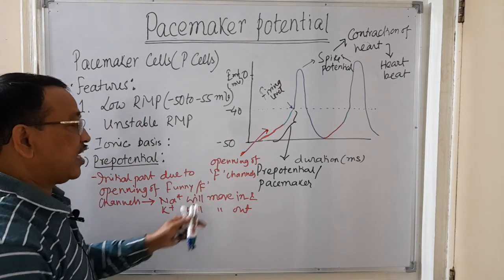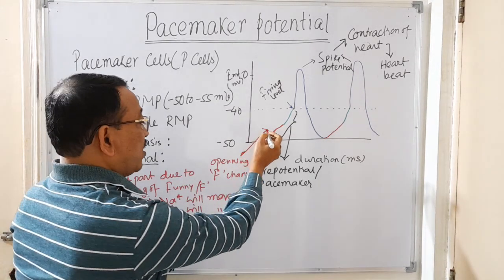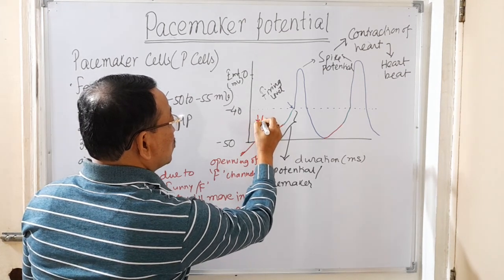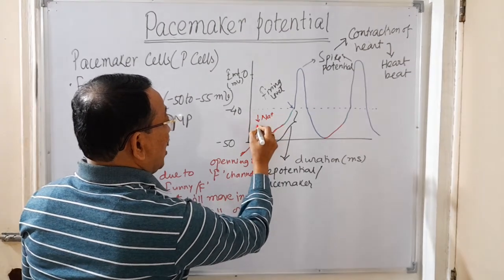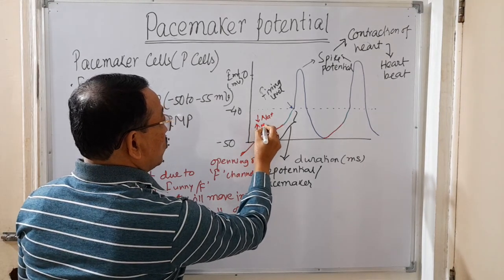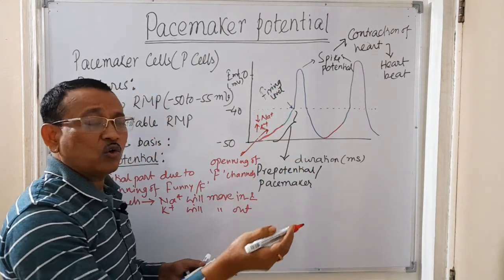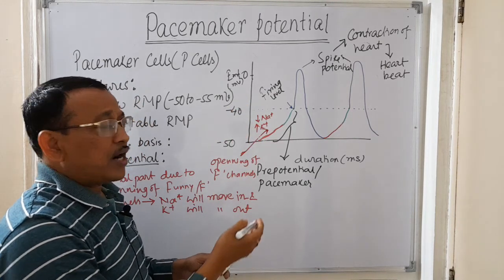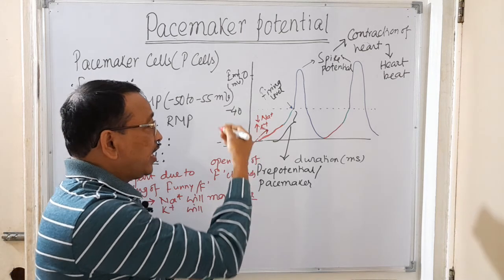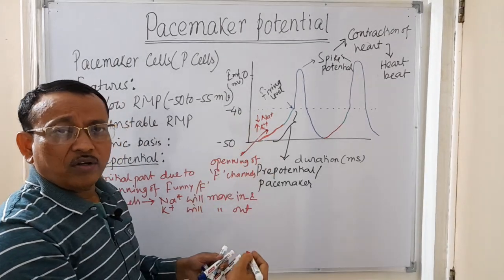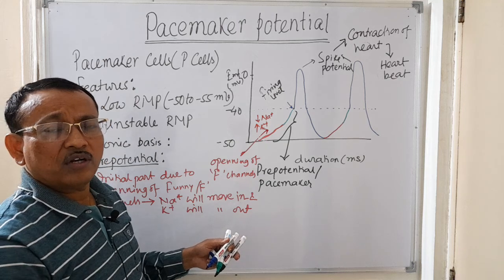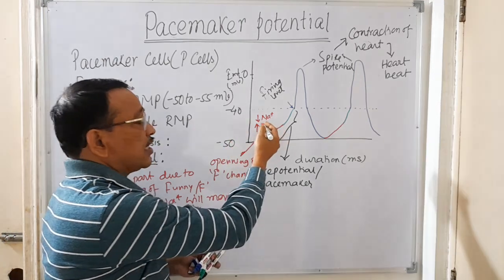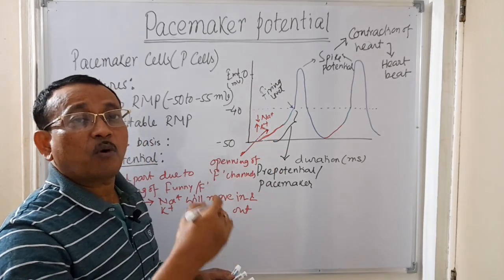So through these funny channels, the sodium ion will move in and the potassium ion will move out. But the rate of entry of the sodium ion is a little bit more than the rate of exit of the potassium ion.